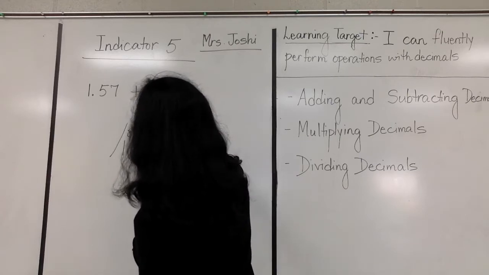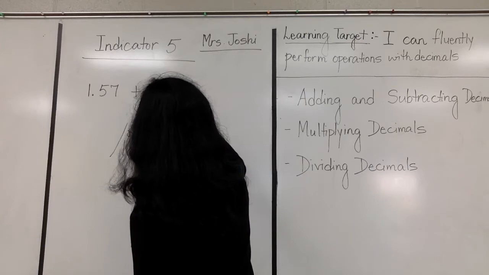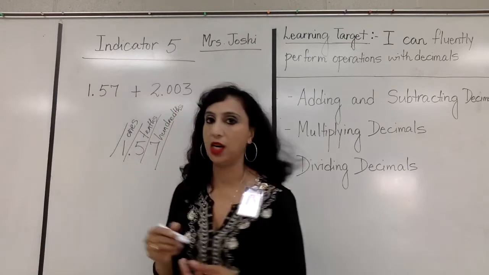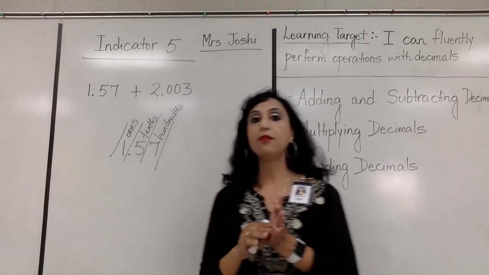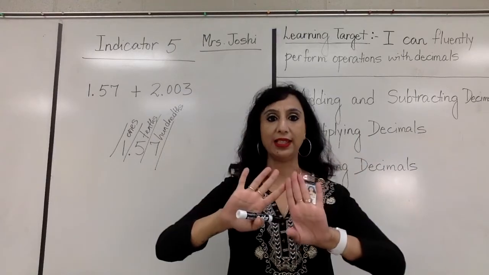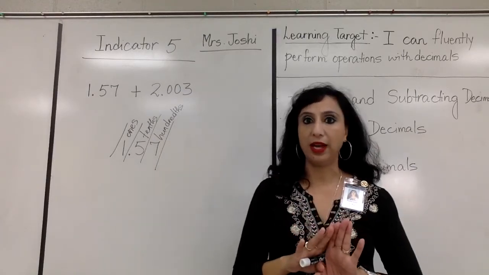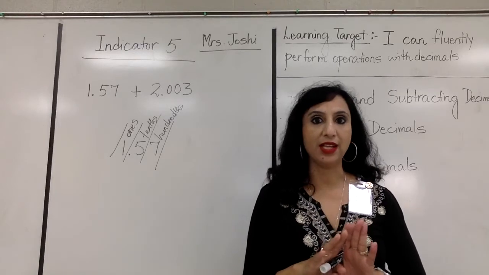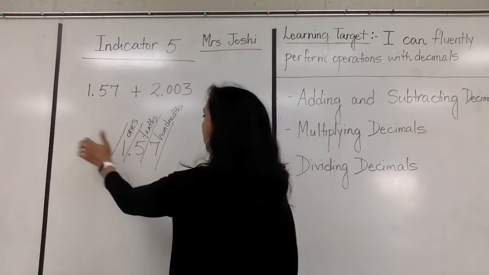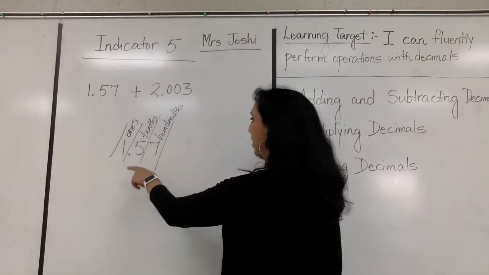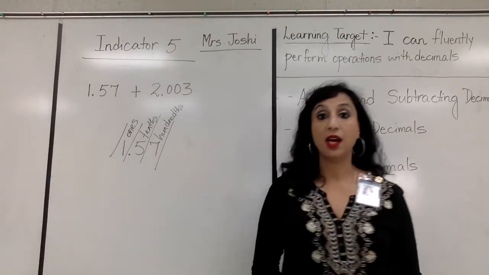The decimal is like your mirror. Always think of it that way, and both sides are reflected. The only number that we do not reflect is ones. You don't say oneths. On this side would be tens and hundreds, and on the other side we have tenths, hundredths, and so on.